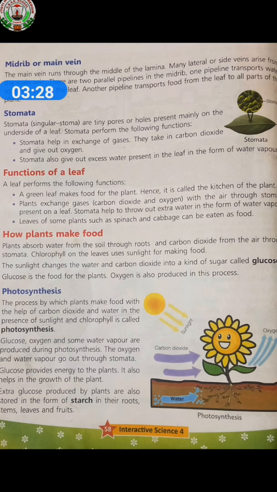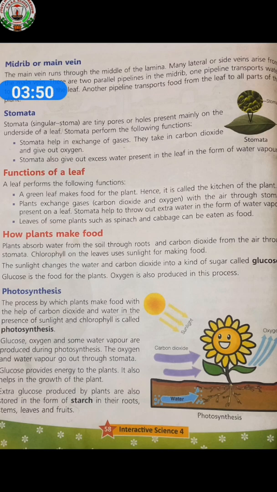Photo means light, synthesis means mixing. Mixing taking place in sunlight is called photosynthesis. Do you know how plants make our food? Plants prepare their own food by a process called photosynthesis.